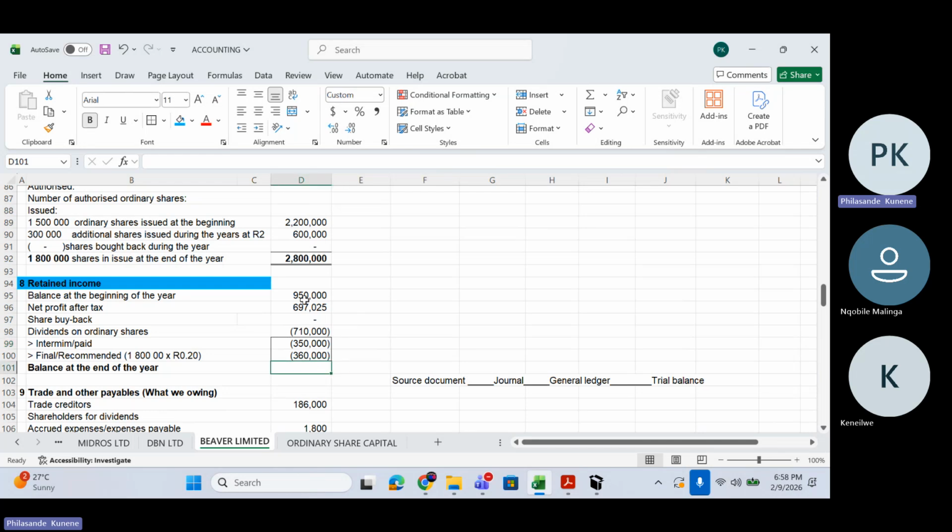And then now, how much would be our balance at the end? We're having 950 plus this one plus 0, and then minus the 710,000. Then we're getting 937,025 rands.